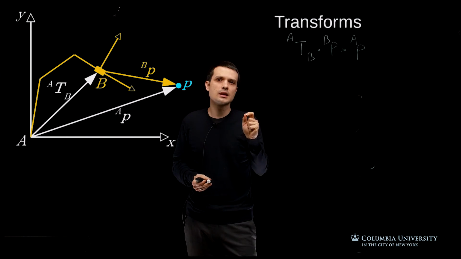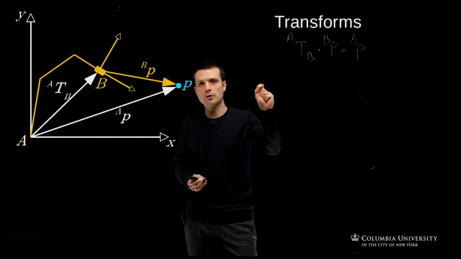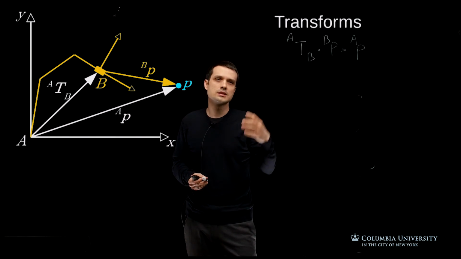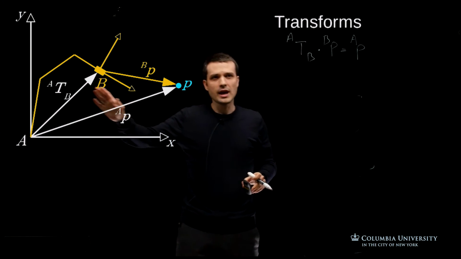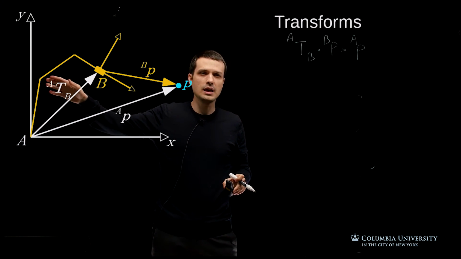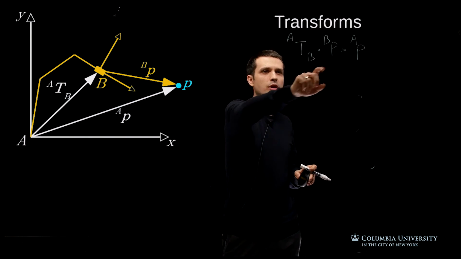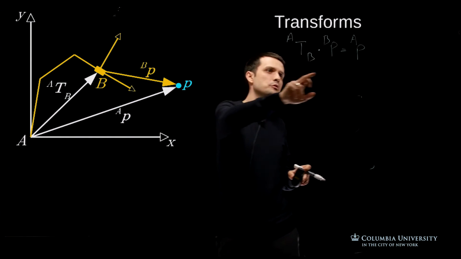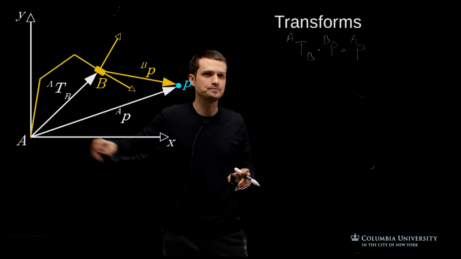But here is something specific to our notation, but it makes things a lot easier to remember. So you have the transform that goes from A to B, T_AB, and you're multiplying that by a point expressed in coordinate frame B, and the result is that same point expressed in coordinate frame A.